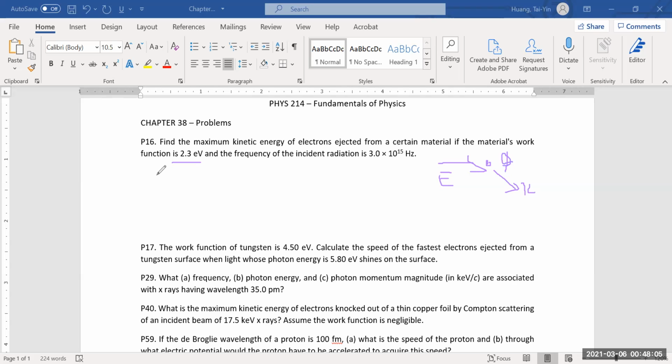So the first thing to do is figure out the energy of the incoming photon, and then, based on conservation of energy, calculate the maximum kinetic energy. First of all, let's calculate E. We will use E = hf to calculate the energy of the photon.